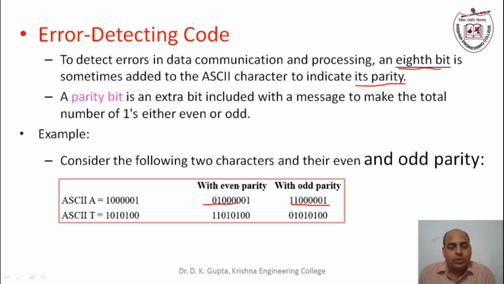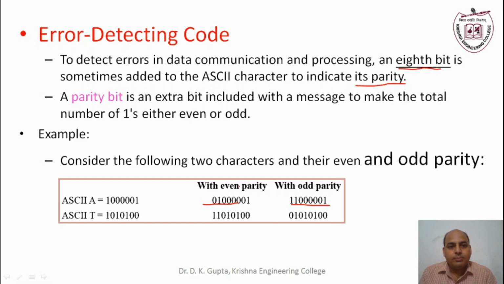That means there is no error. But if the transmitted information contains an even number of ones but the received information contains an odd number of ones, it means there is an error. This way we can determine whether the received data has an error or not.